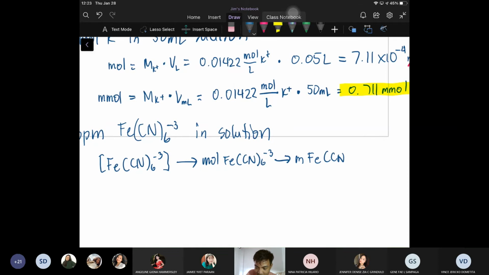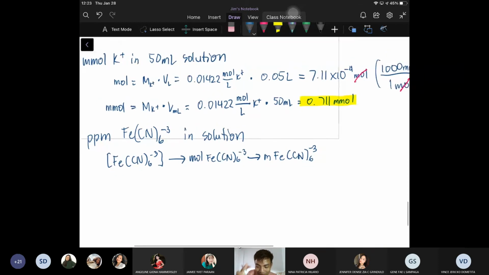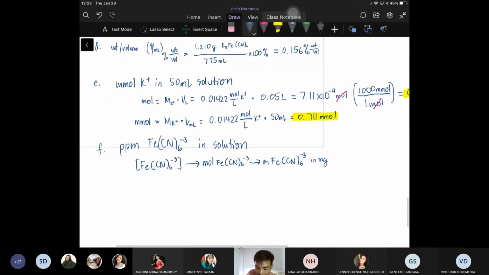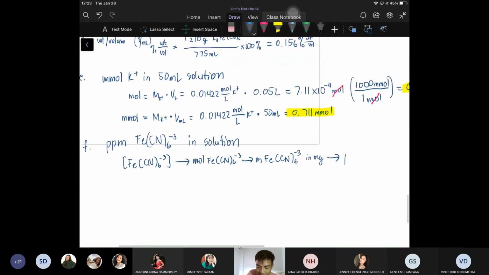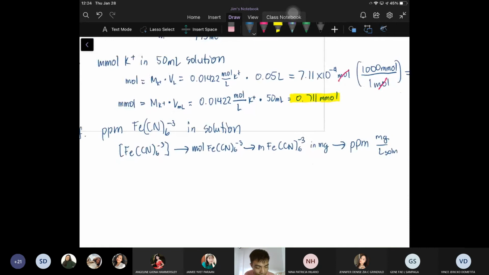Ang daming sinosolve, sir. Yes. Maski ako napapagod din. Then gagawin mo yan in milligrams. Okay? Then, after nyan, gawin mo na siyang ppm or milligram per liter ng solution. Okay? Ang daming steps. Kaya yan.